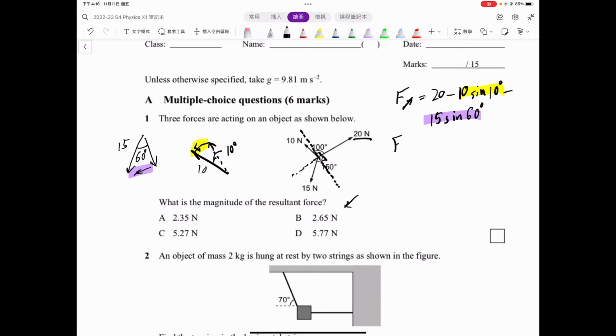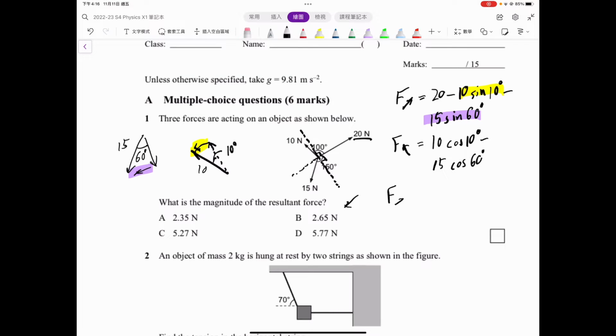Another force is pointing in this direction, and it would be 10 cosine 10 degrees minus 15 cosine 60 degrees.